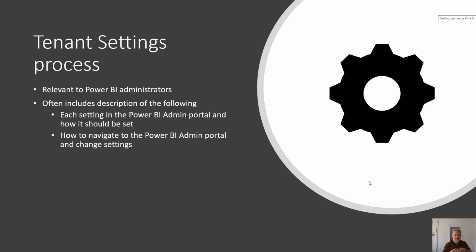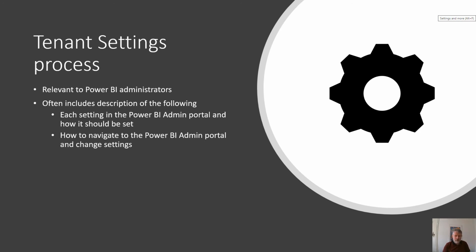Because if you have more than one administrator and an administrator changes a setting in the admin portal, you will only see in the audit log that the setting changed and what it changed to, not what it changed from. So if you want to keep the admin portal governed, you will need to write a document saying, these are the settings and this is how it should be. This was the last of the processes.